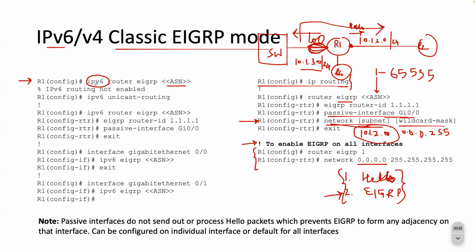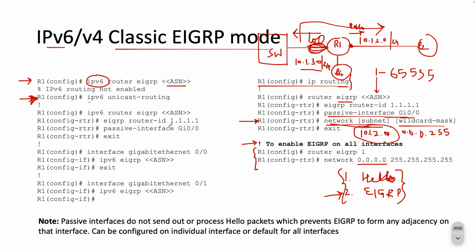By default, IPv6 unicast routing is disabled on your router. You need to enable that. You will get an error message: IPv6 routing is not enabled. You need to enable ipv6 unicast-routing. Then only you will be able to configure your ipv6 router eigrp.